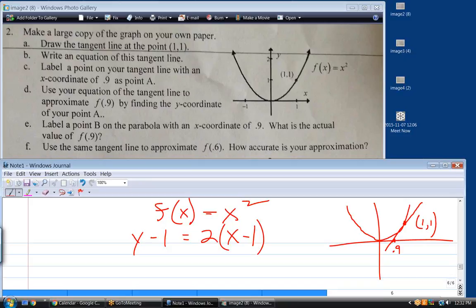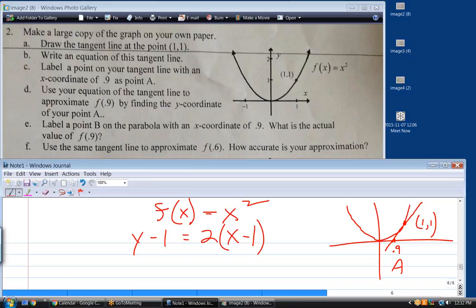Is that a fair approximation of what they want here? Label, in other words, what I drew, the tangent line. And they label a point that has an x-coordinate of 0.9. Now, I need to be a little closer to my x-coordinate from the point they gave me, but that'll do for our example.